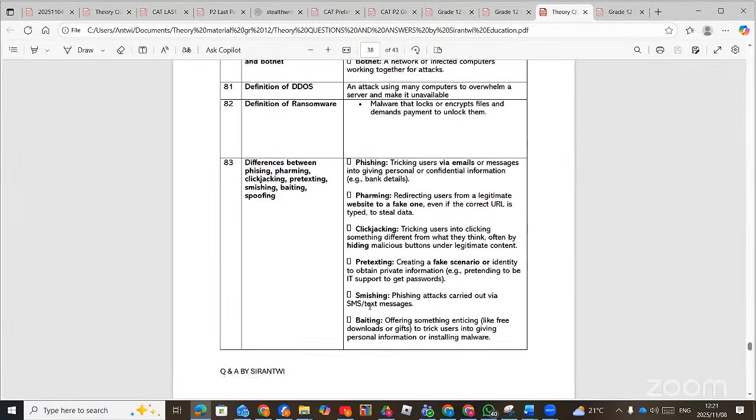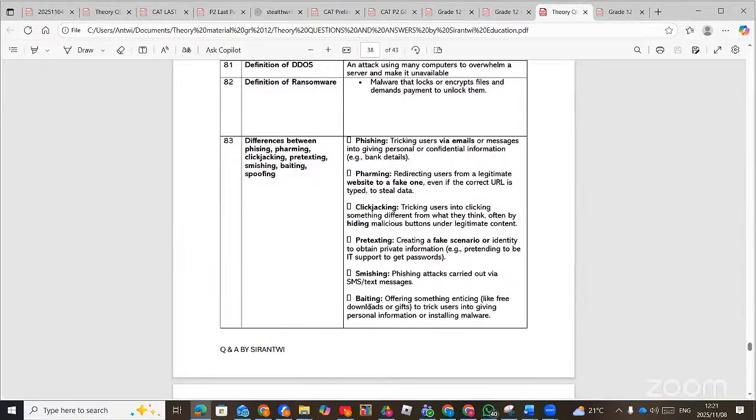Ransomware definitions, and other forms like pretexting, creating a fake scenario or identity to obtain private information, we call it pretexting. And baiting, offering something enticing to deceive people, we call it baiting.